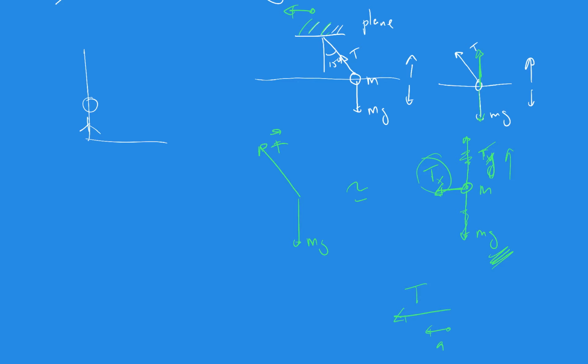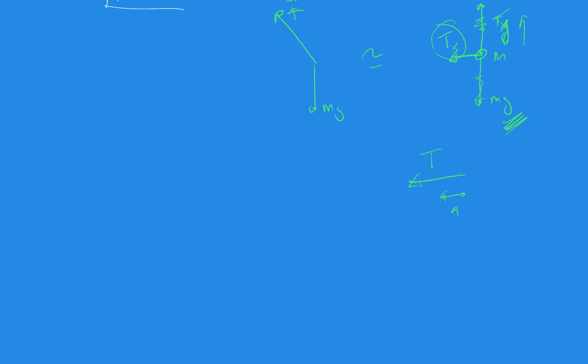You can do the problem in the opposite way, in the case that this is the plane. Okay, whatever is the plane, if you see this like this, it will mean that the plane is going to accelerate in this direction, A, in this case.